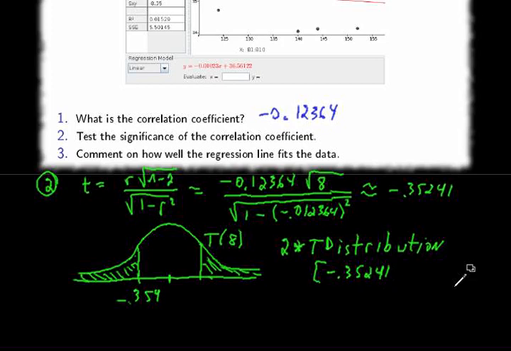Let me try that again. We put in the degrees of freedom first, 8, and then negative 0.35241, and we punch that in to GeoGebra.